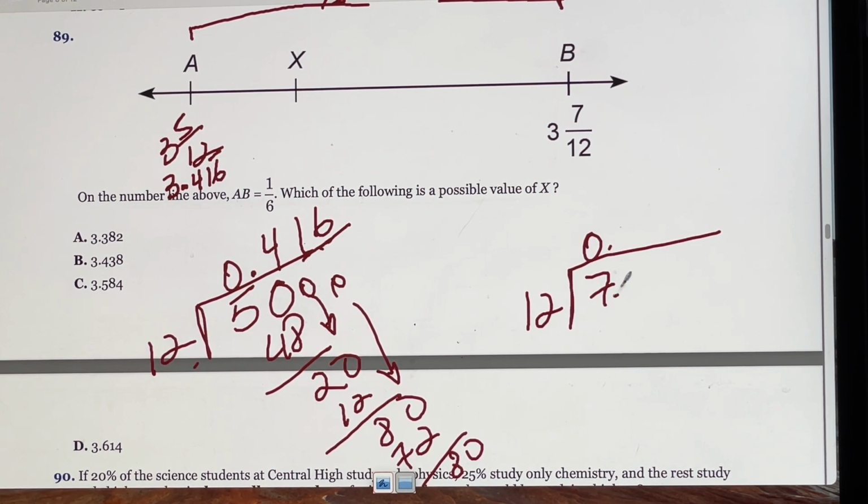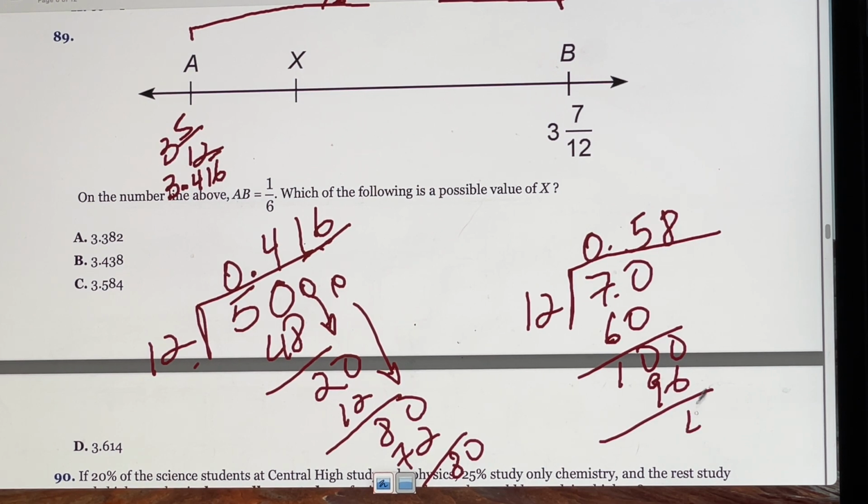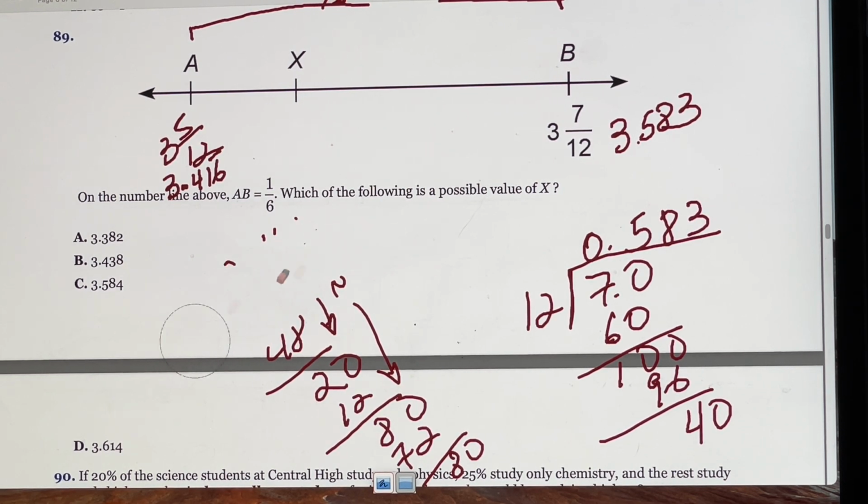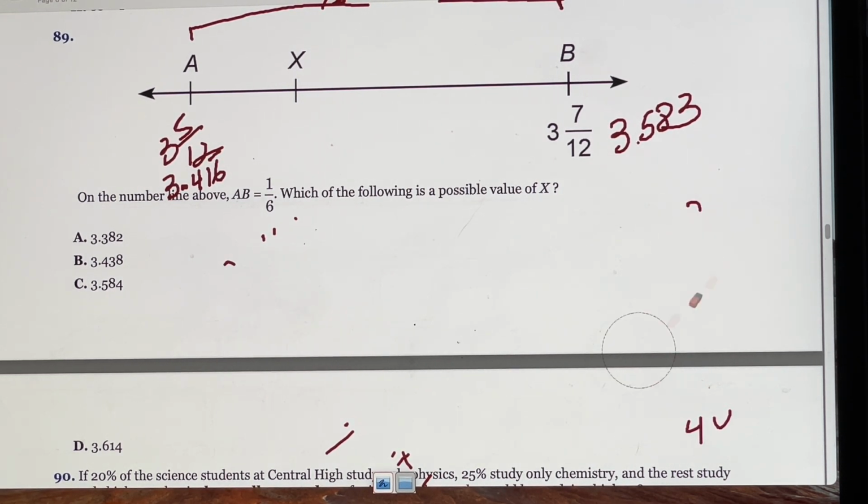Doesn't go in. 12 goes into 70 5 times, which is 60. 100, 12 goes into 100 8 times, which is 96. 4 left over. 12 goes into 40 3 times, which is 36. So let's just write 3.583. So that's our number line. Apologies for making a mess out of here.